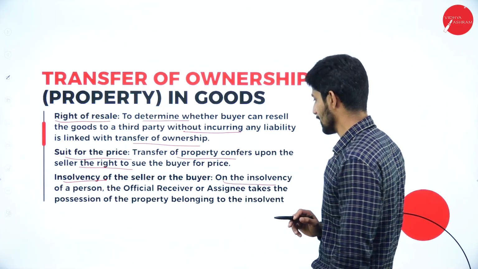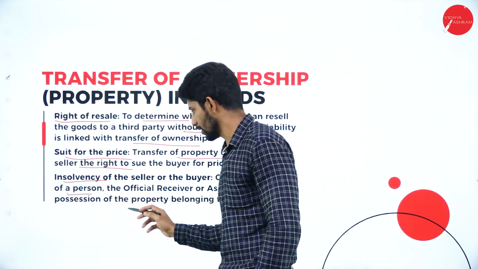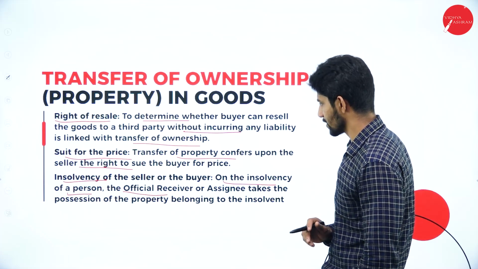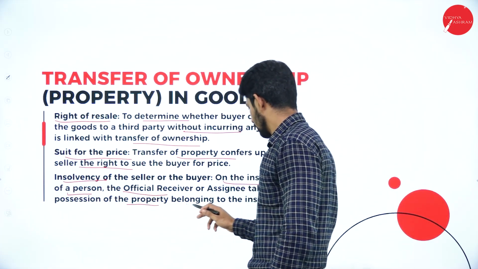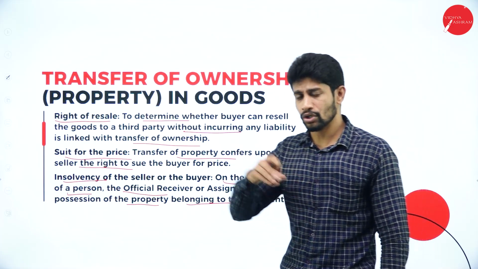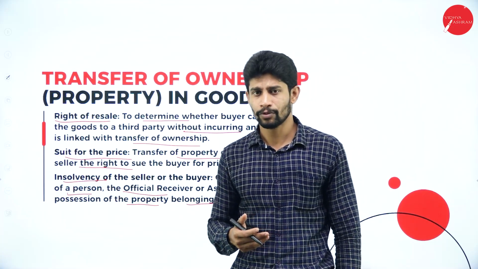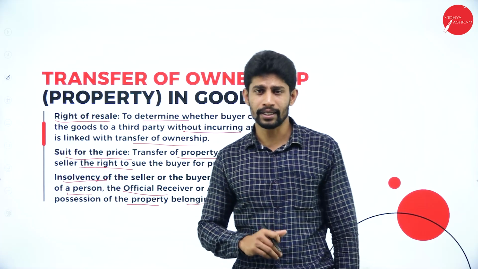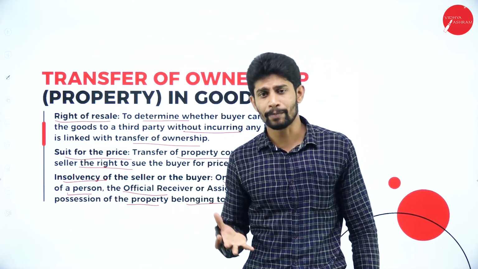Insolvency of the seller or the buyer. On the insolvency of a person, the official receiver or assignee takes possession of the property belonging to the insolvent. Say you purchased on credit basis, like on installment basis, and you fail to pay the installment.